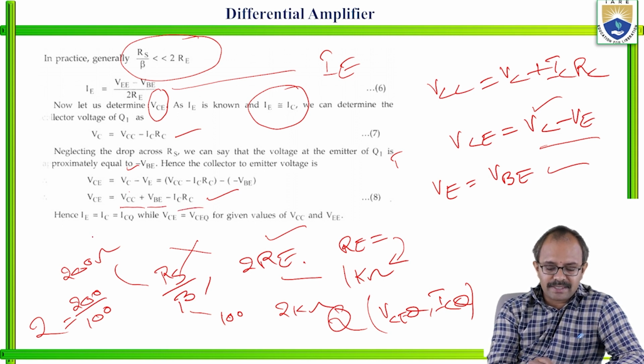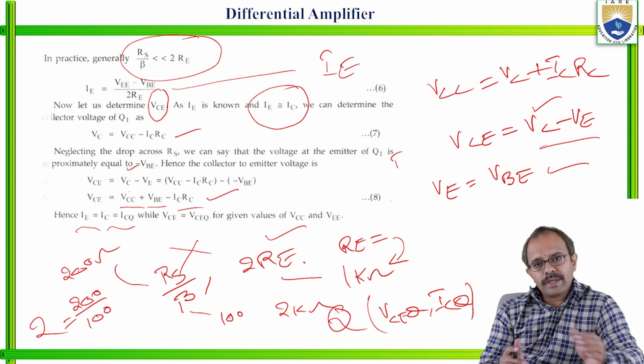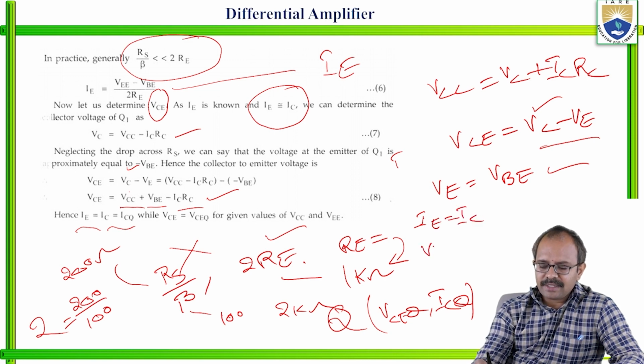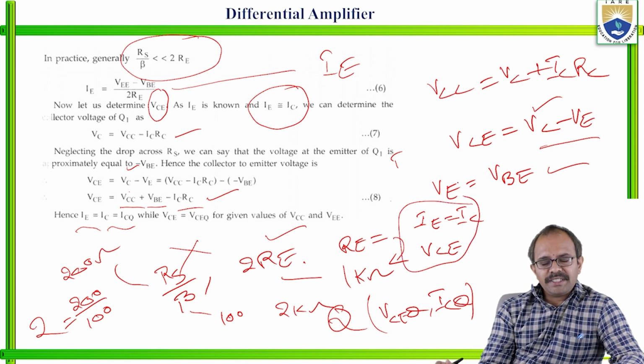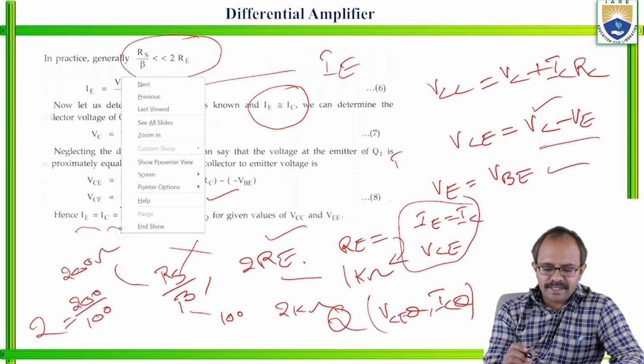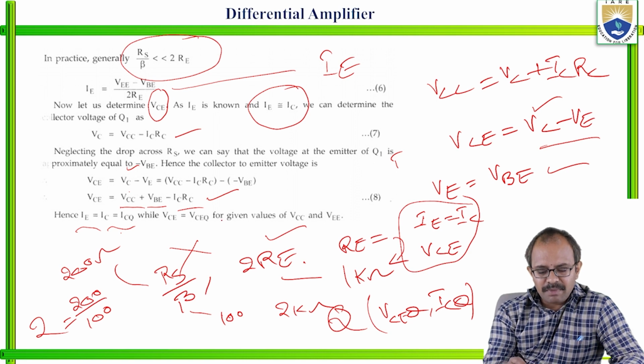And hence IE is equal to IC. This is sufficient to determine the quiescent point of this differential amplifier. IE is equal to IC gives the Q point ICQ, and VCE is obtained, that is VCEQ.